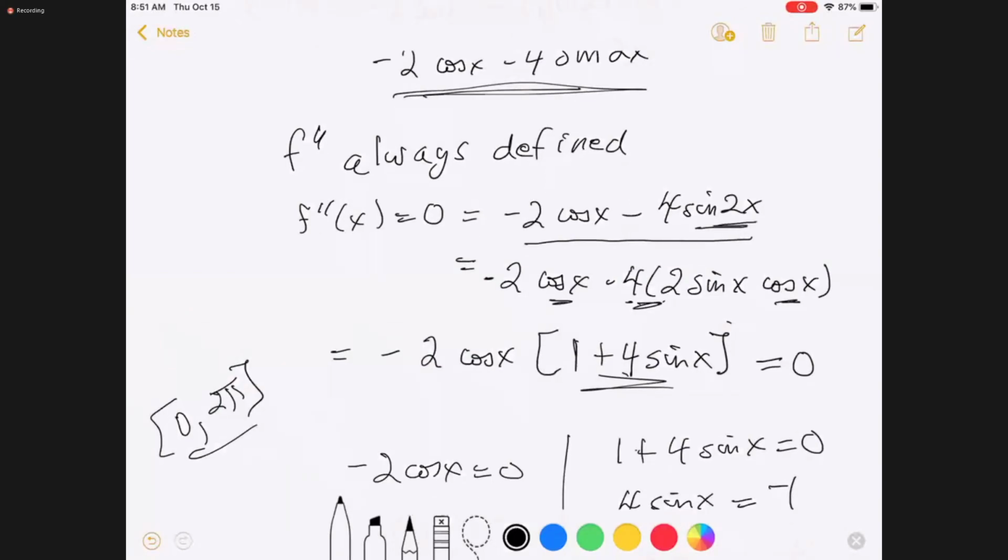I'm replacing sine of 2x with 2 sine x cosine x. Right, and there's a minus here and a minus there. But now I have this extra 2. So this is really minus 8 sine x cosine x.